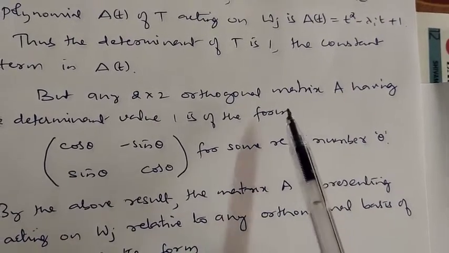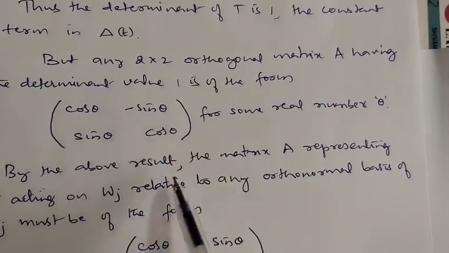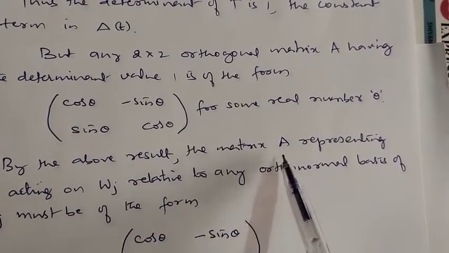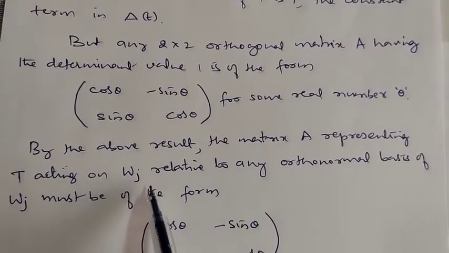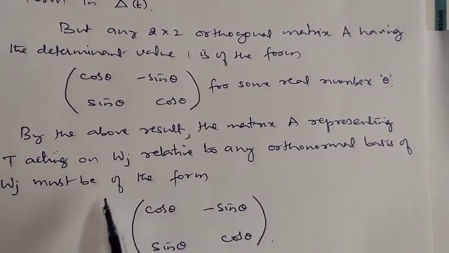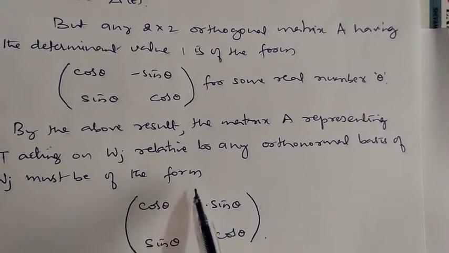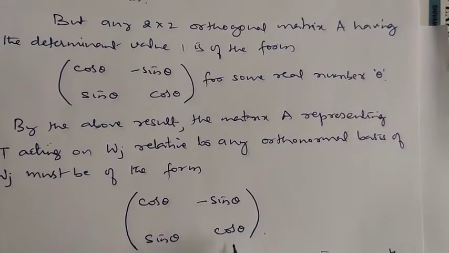By the above result, the matrix A representing T acting on each of the subspaces Wj, relative to any orthonormal basis of Wj, must be of the form cos theta, minus sin theta, sin theta, cos theta.